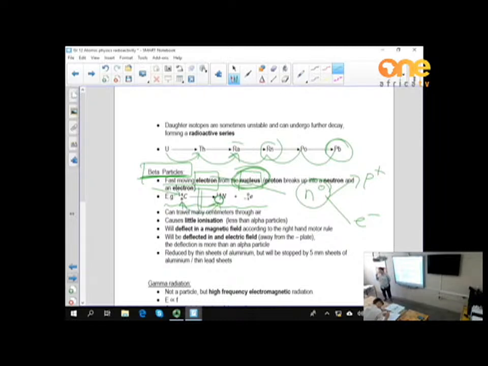The atomic number will increase by 1. What's going to happen to the mass number? It's going to stay the same. Why?